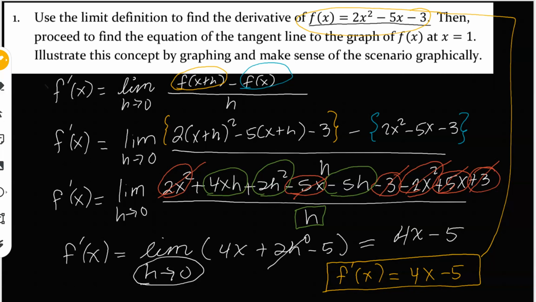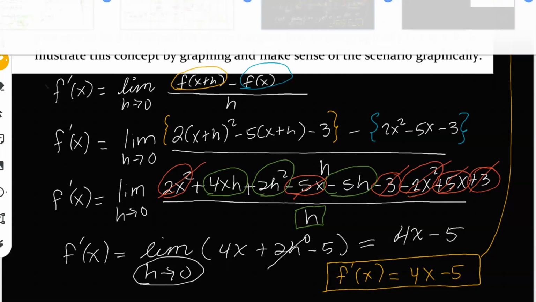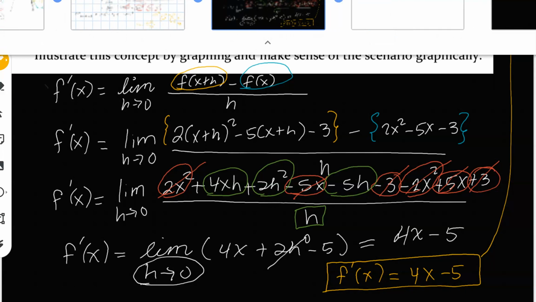That's the derivative. Now the question asks you to find the equation of the tangent line. So let's go ahead and find the equation of the tangent line. How will we do that? Again, let's remind ourselves what information was given to us. The function f of x is 2x squared minus 5x minus 3.